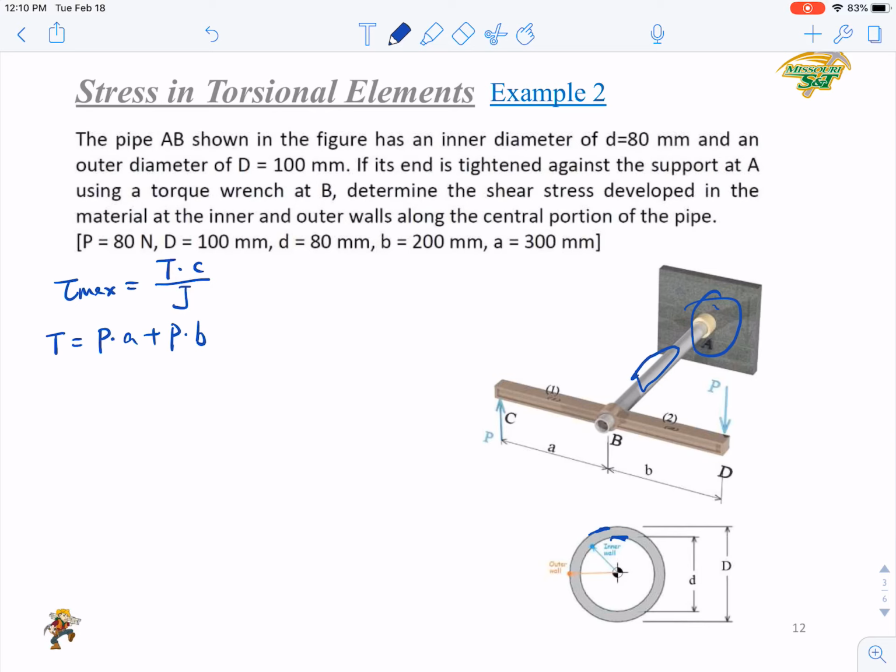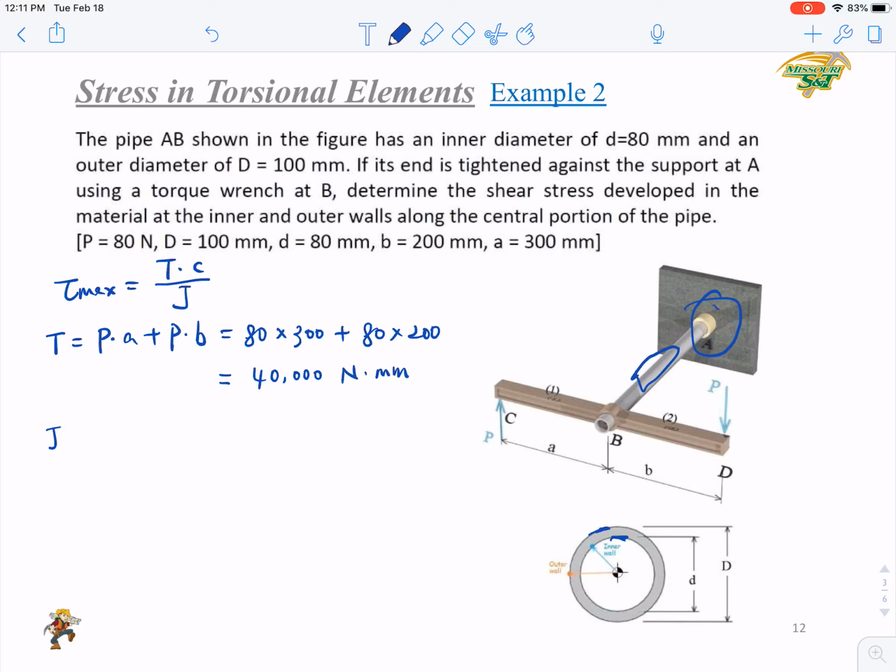A is 300 and B is 200. The force is 80 Newton. So this equals 80 times 300 plus 80 times 200. So here you will get 40,000 Newton millimeter.